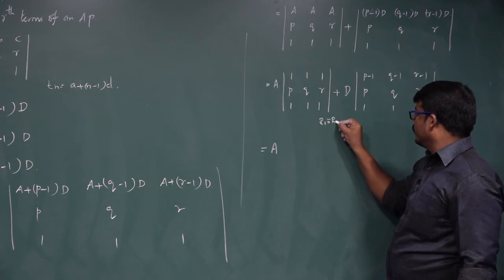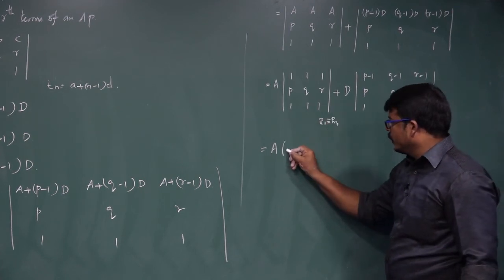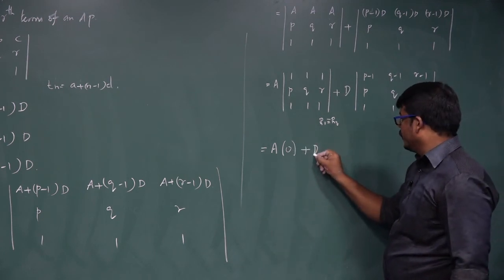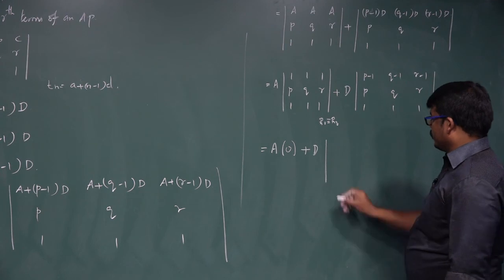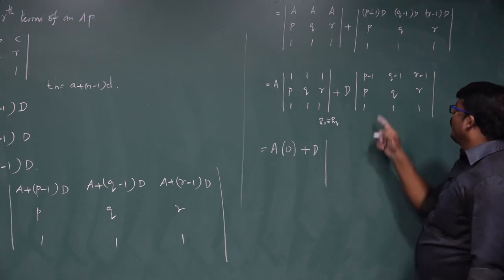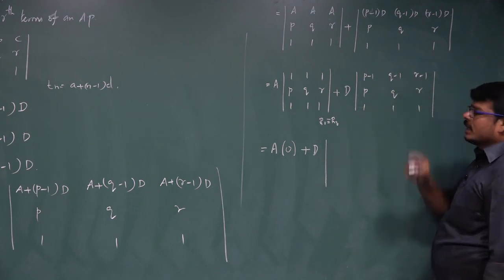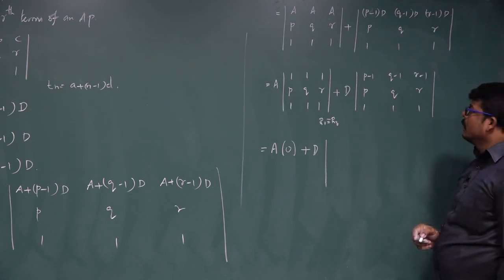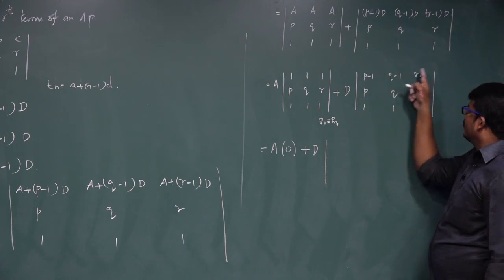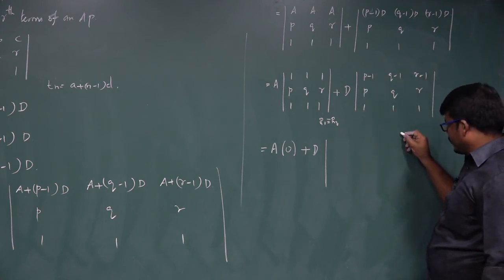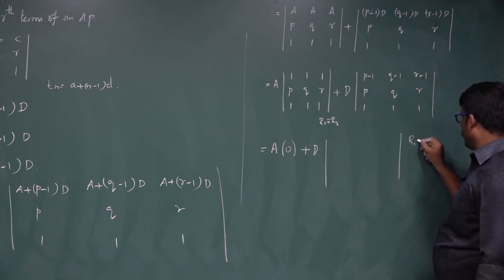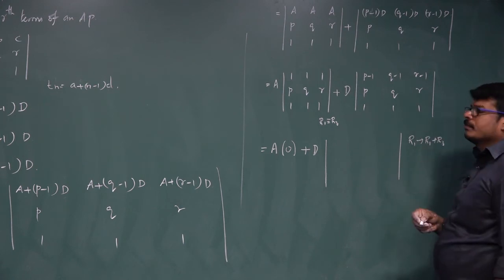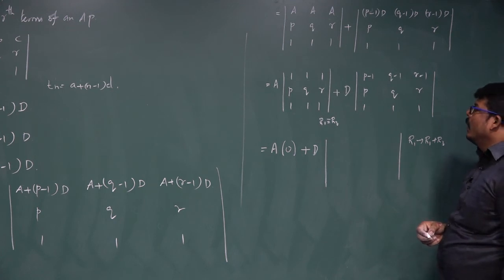R1 is identical to R3, the determinant value is 0. Plus D into the determinant P minus 1, Q minus 1, R minus 1, P, Q, R, 1, 1, 1. Now we can transform the first row: R1 gives R1 plus R3.